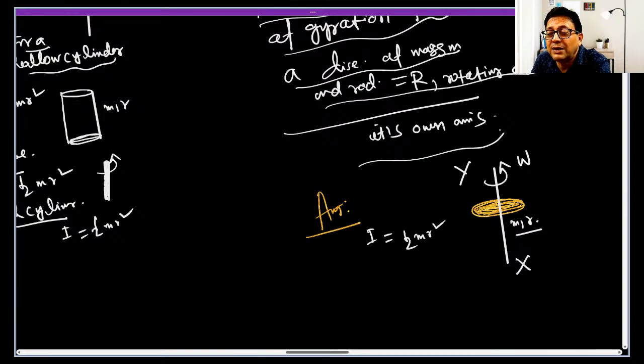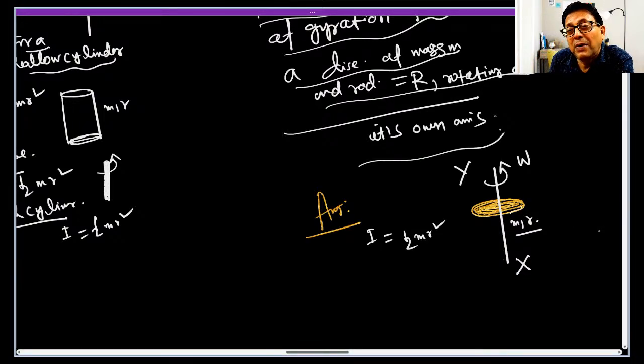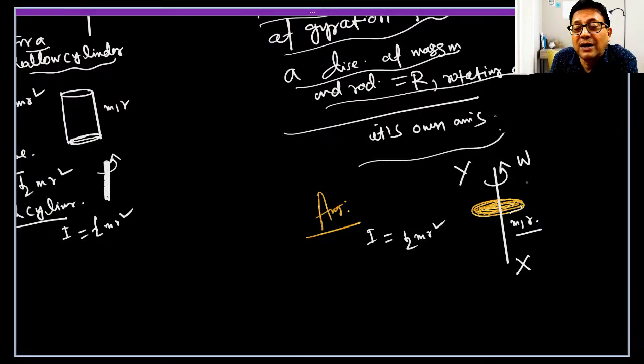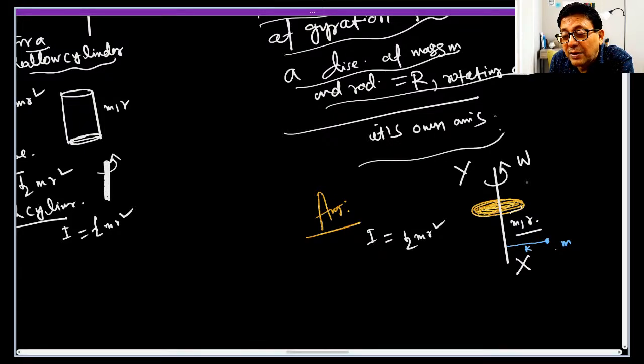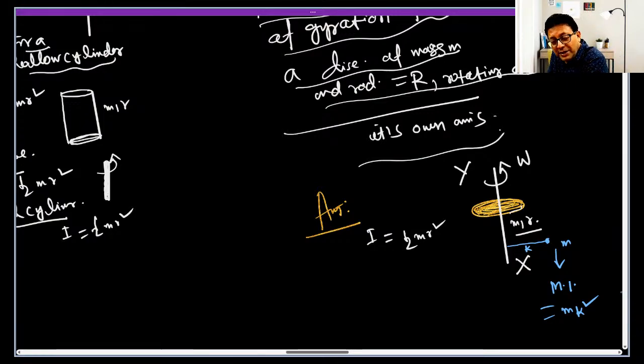Now what I am doing there, I am replacing this disc by a single particle of mass m at a distance k. Then what will be the moment of inertia of this single mass? mk square. You agree?